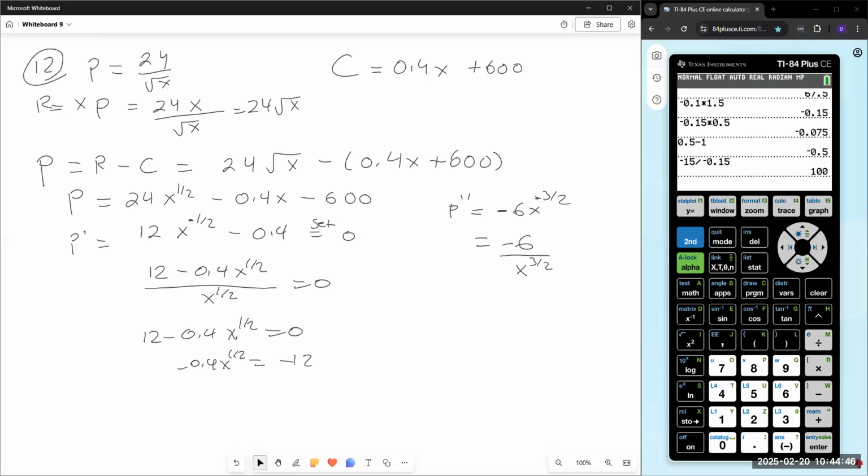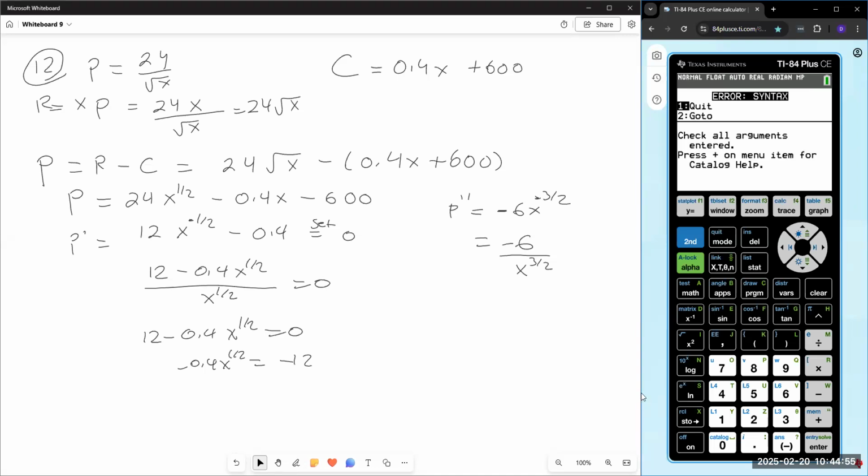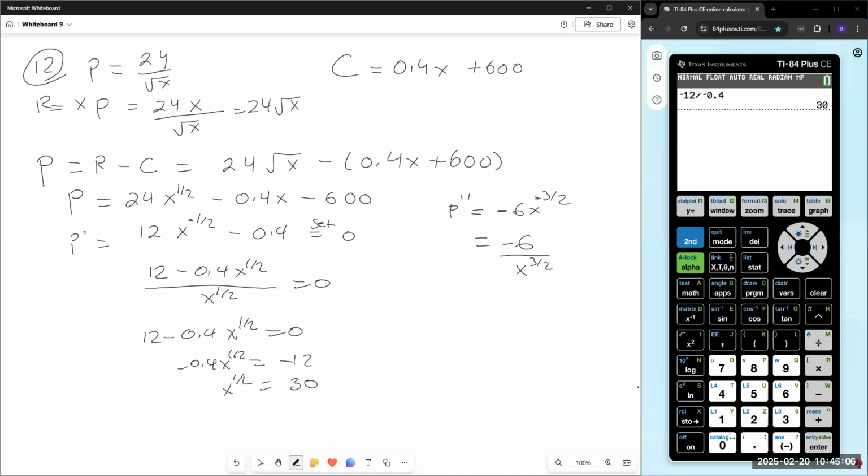Negative 12 divided by negative 0.4 gives me, what did I type in wrong? It's divided by key twice. So x to the 1/2 is equal to 30. When I square both sides, x is equal to 30 squared, which is 900.